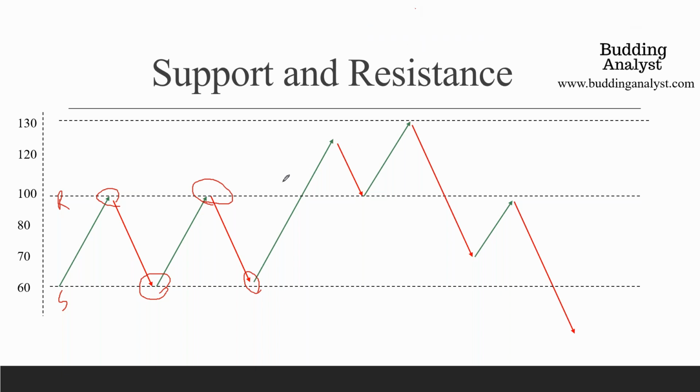So after this, we observed that this resistance level was broken. If you bought at support and sold here, you would just book your profits somewhere around here. And if you wanted to take a sell position, to sell first and buy later at this position, you can do that.